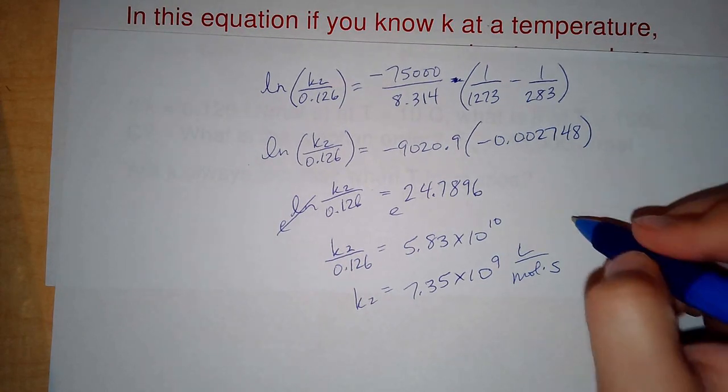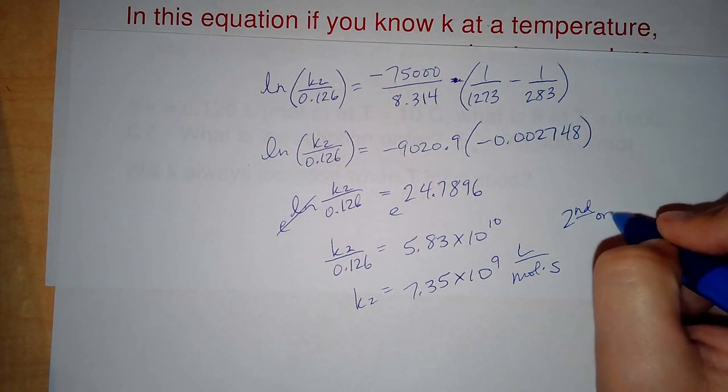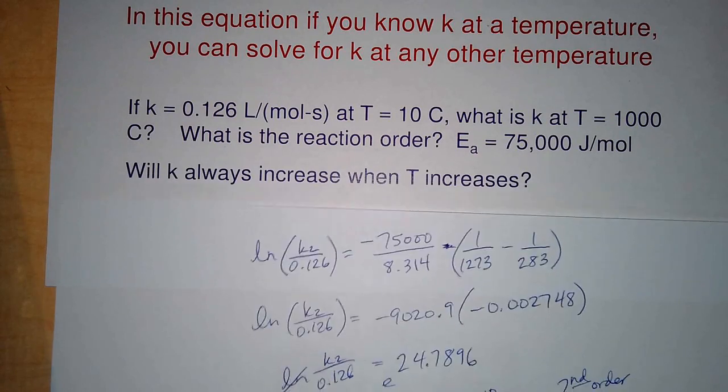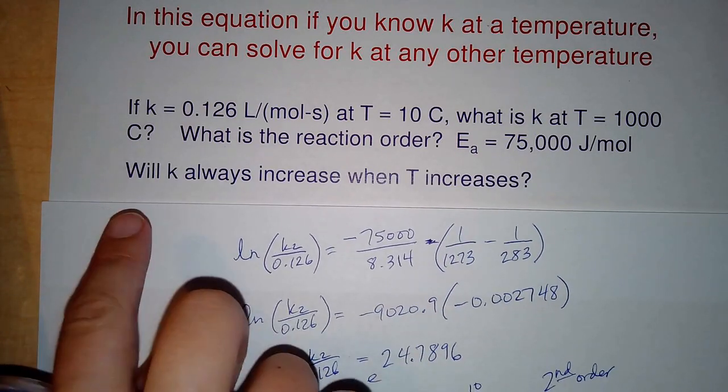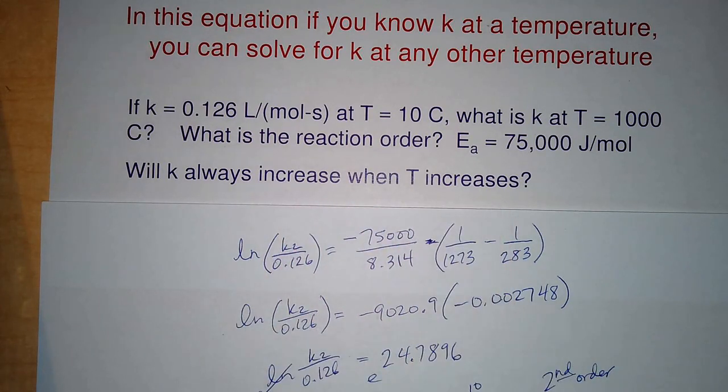Alright, then our last question, our concept question, is K always going to increase when T increases? So as our temperature goes up, we will always see an increase in K, because we're going to have increased kinetic energy of our collisions, we're going to have moving particles that are going faster, so that's always going to increase our rate of reaction by increasing the K value.